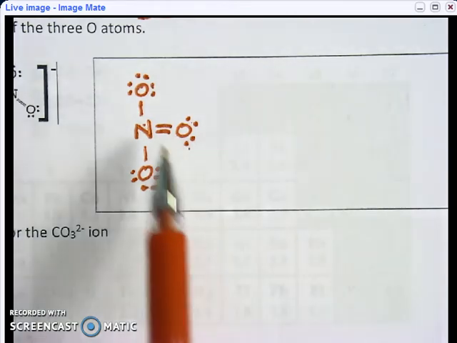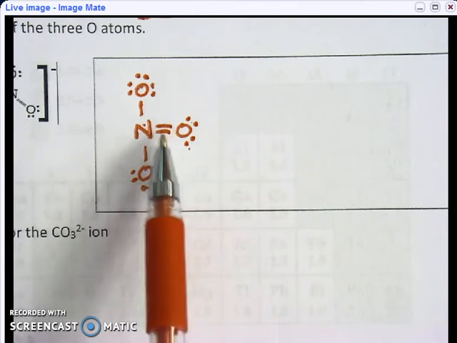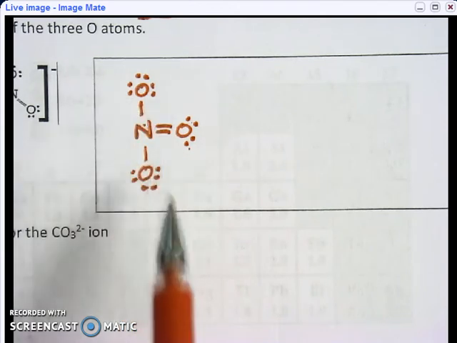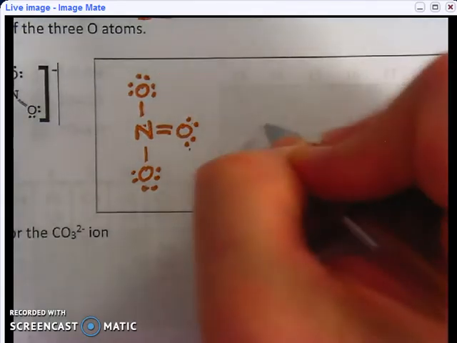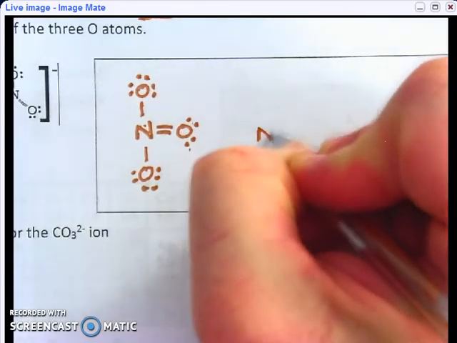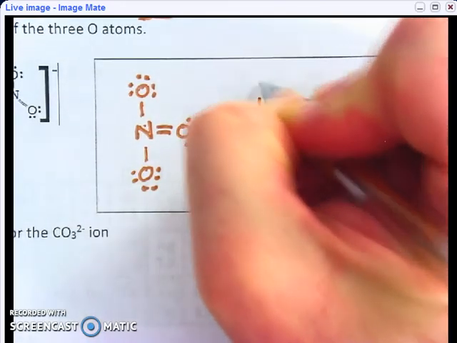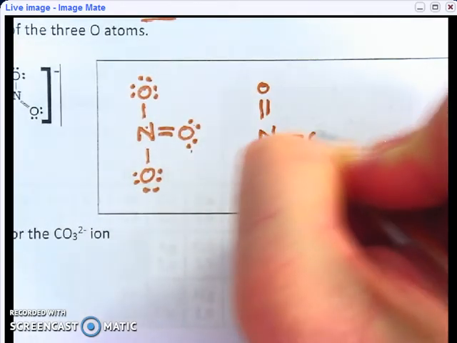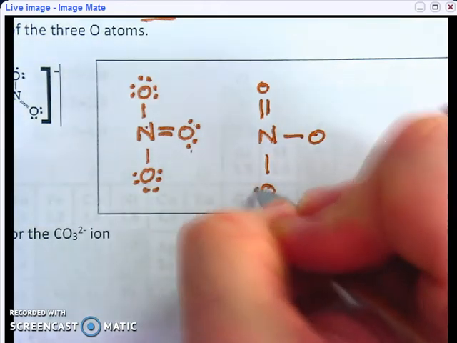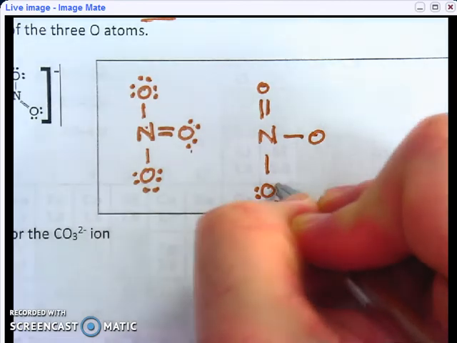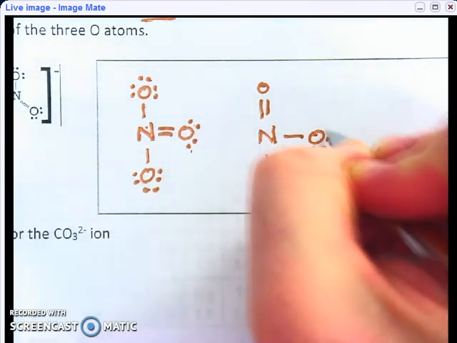Well, why does the double bond belong on this one? Why don't we put it on this one? Or why don't we put it on this one? Why does that one get favoritism, right? So, well, let's do it with a different one. Let's do the double bond on the top. And then again, fill that in.